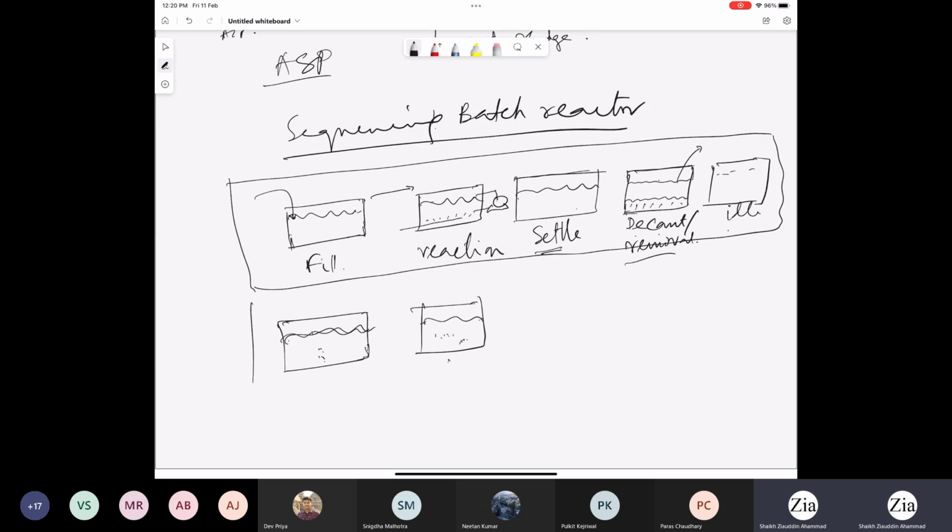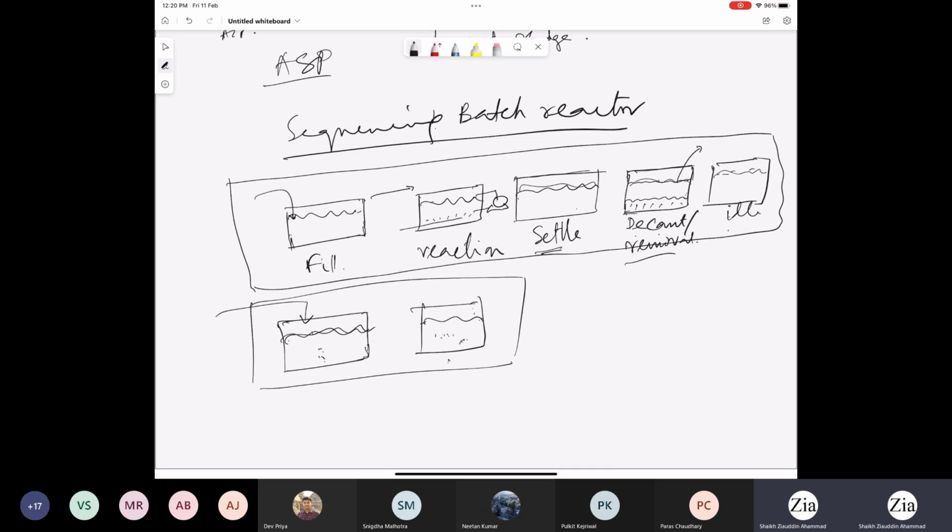So in a sense, if you have, say, 5 reactors in a particular box, and you start them in a sequential manner, first you fill this one. When it goes to the reaction stage, you fill the fourth one. When that goes to the reaction stage, fill the third one.